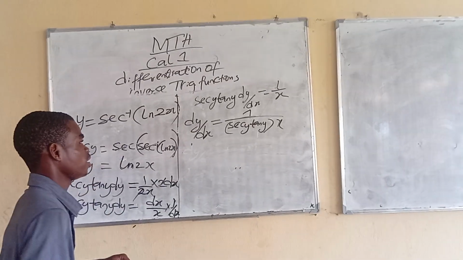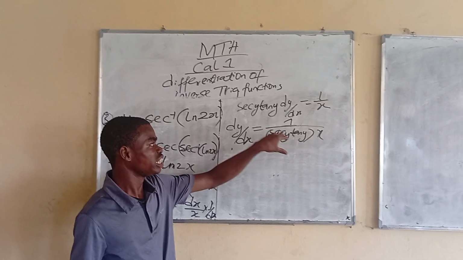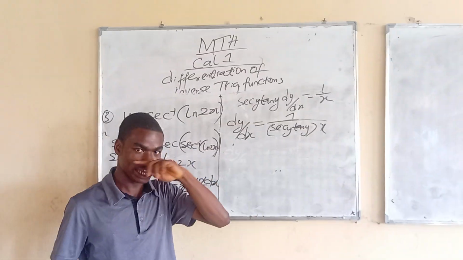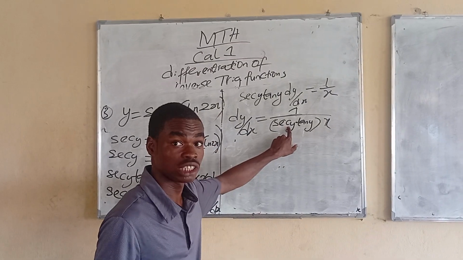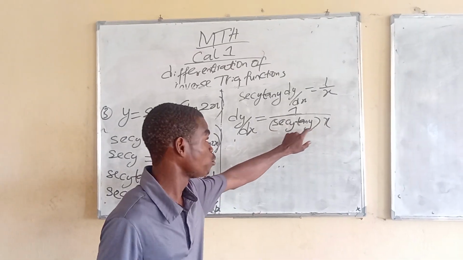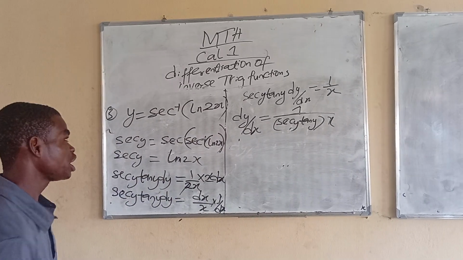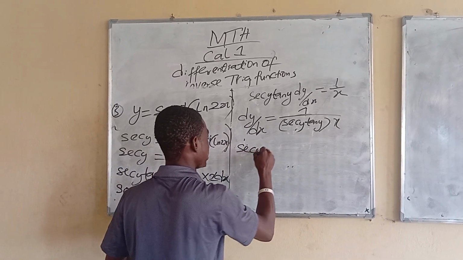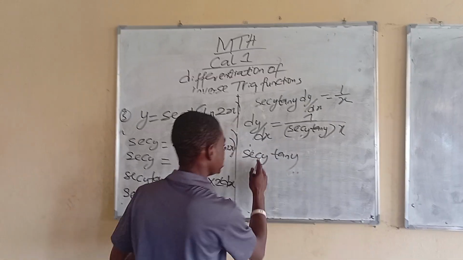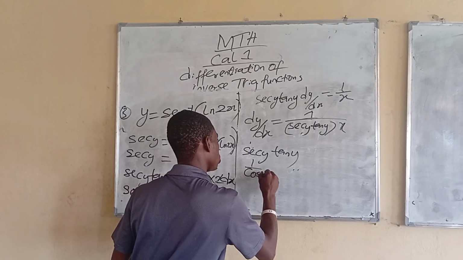So from here, we will find a way to eliminate sec y and tan y, making this function in terms of x. Let us not keep it in terms of y. So what next? Now we have here sec y tan y, right? Now let's expand this. Sec y is just 1 over cos y.